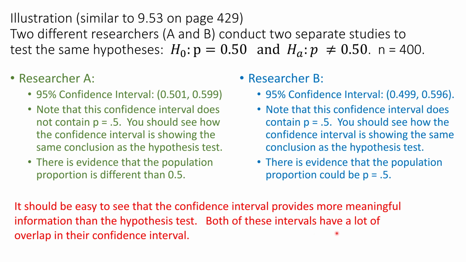Both of the intervals have a lot of overlap. Last, a confidence interval not only can tell us whether we should reject the null hypothesis or not, it also gives us the plausible range that the parameter values could be.